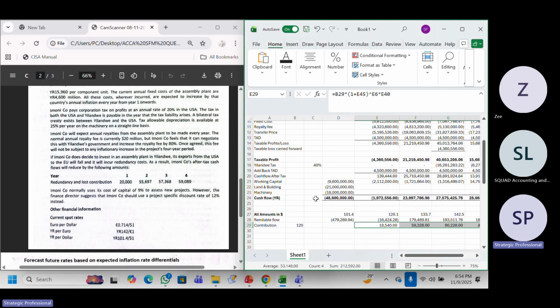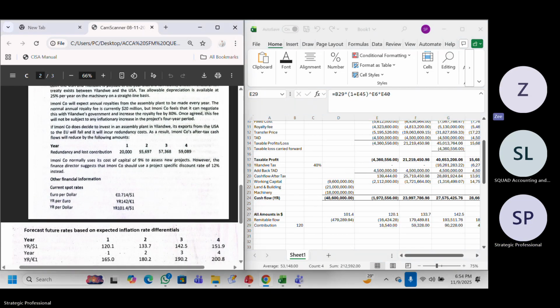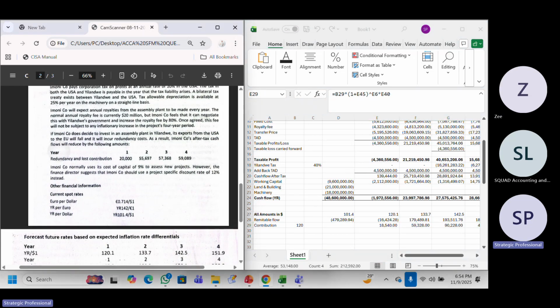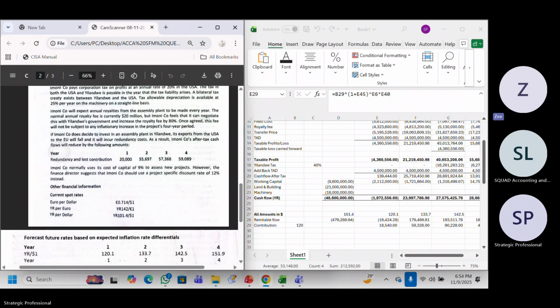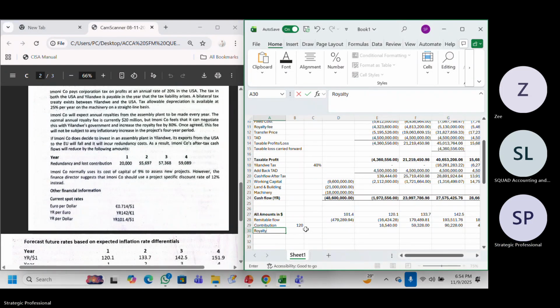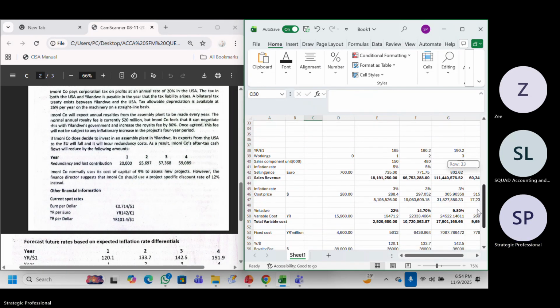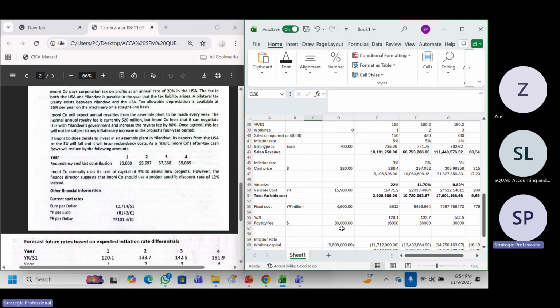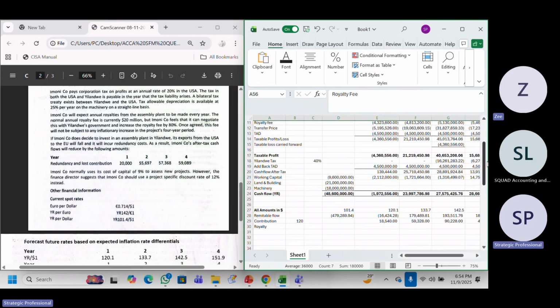So what next? What's remaining? I think there's one we've not dealt with that is hanging in my head. What about that royalty fees? Royalty fee, yes. We have a royalty fee. And that royalty fee, we said it was what? We said it was first in dollar before we converted, so it's 36. So royalty 36.